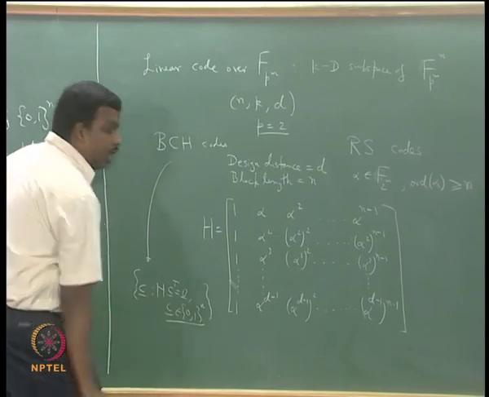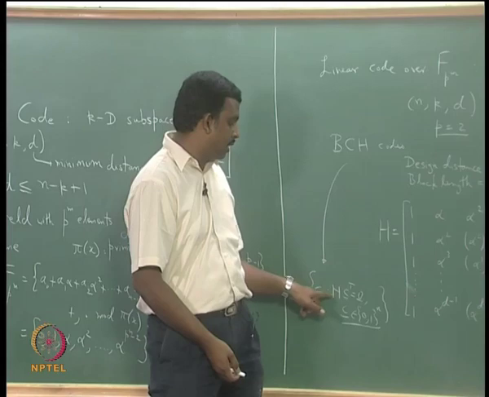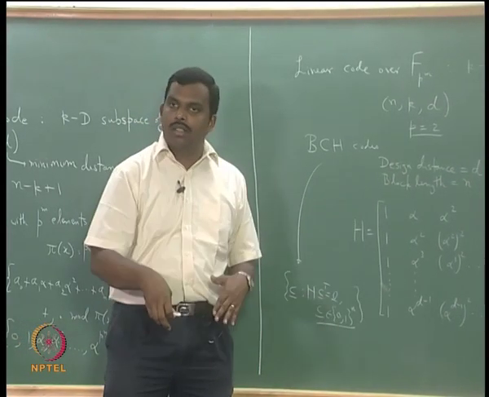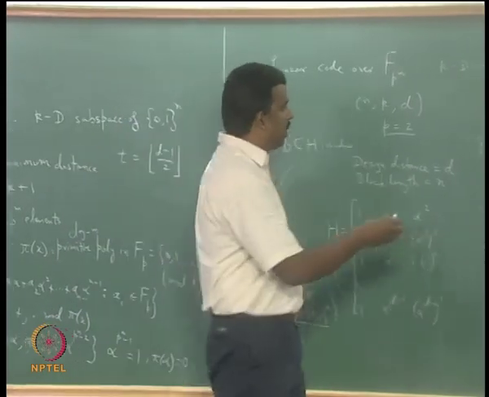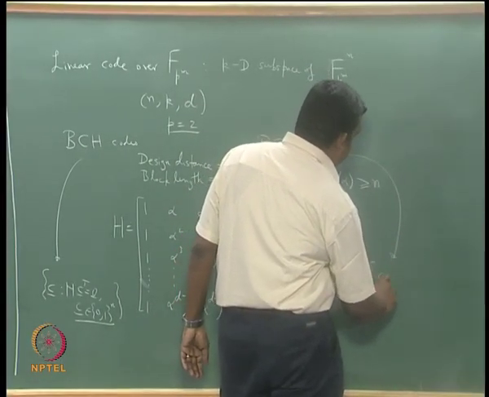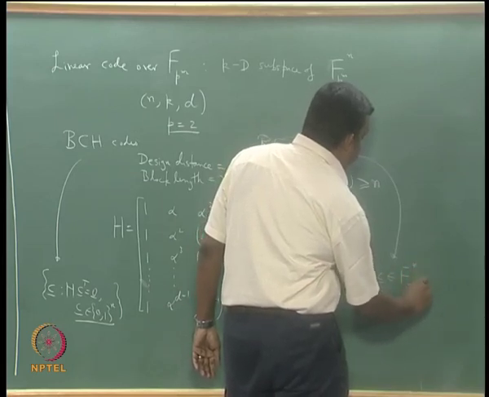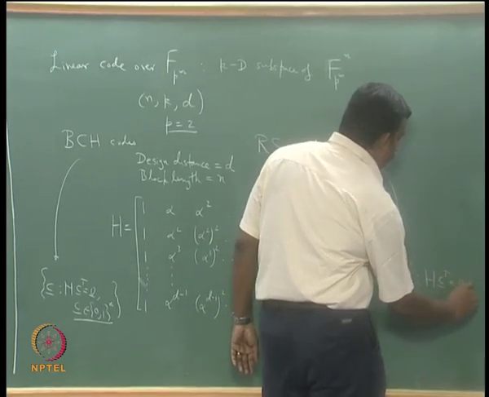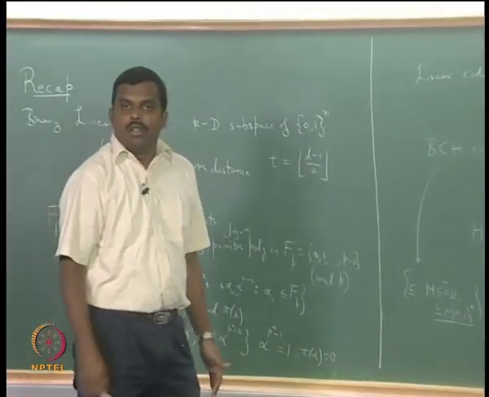Okay, so this is an important thing. Another way to describe the same thing is the set of all c in a larger field, and then you have to intersect it with the binary. So these are both ways of defining this, and the Reed-Solomon code on the other hand has no such restriction. So, here it is simply the set of all c such that H c transpose is 0.